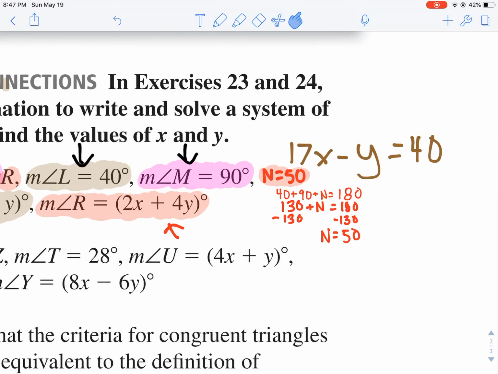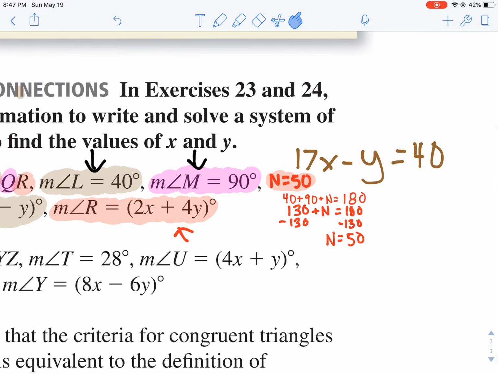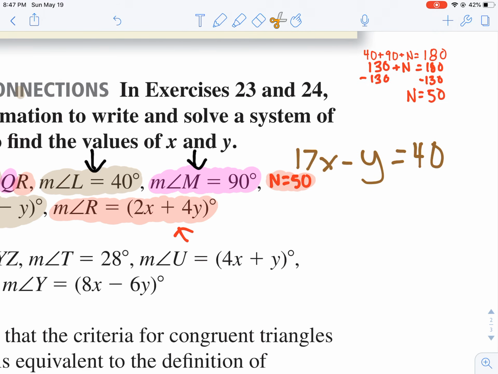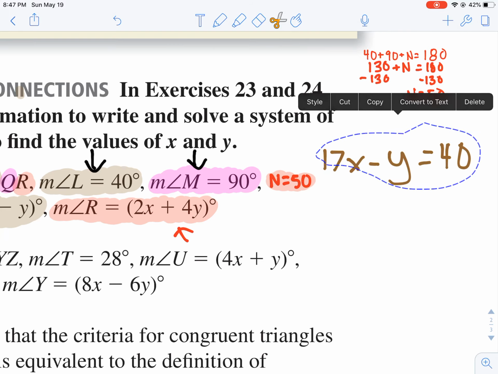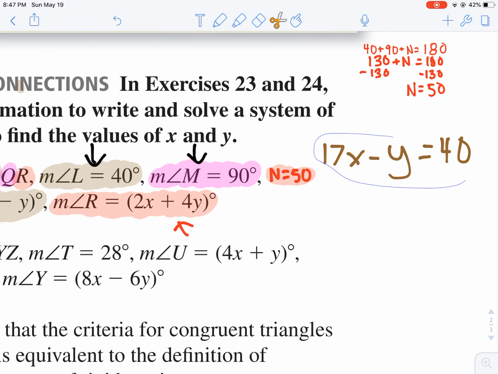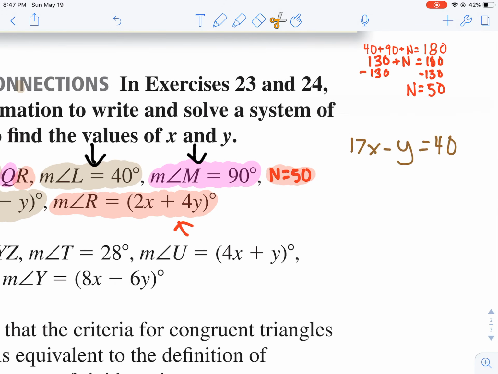So I can set up an equation based on this. I'll tuck this away up here. I've got 17x minus y equals 40. Now I'm going to write 2x plus 4y equals 50.